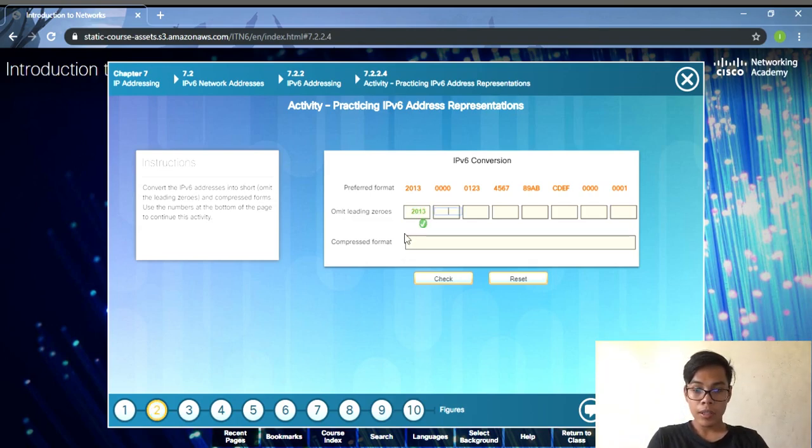Now figure 2, 213, 0, 1, 1, 2, 3. Let's make the leading 0, 4, 5, 6, 7, 8, 9, A, B, C, D, E, F. Let's put 1 0 and 1.